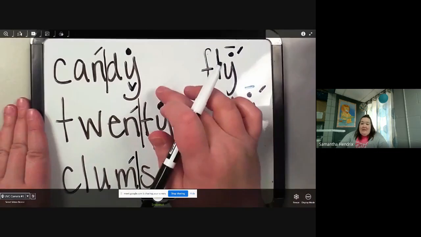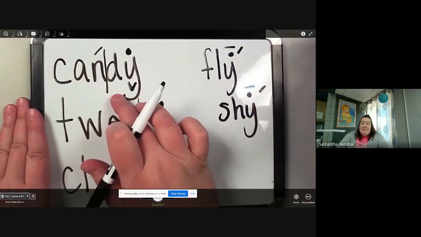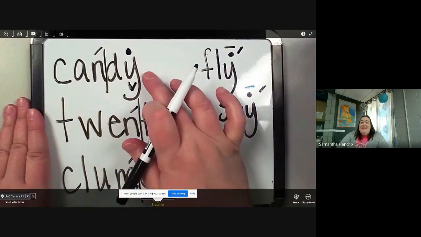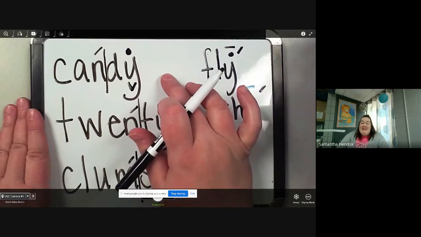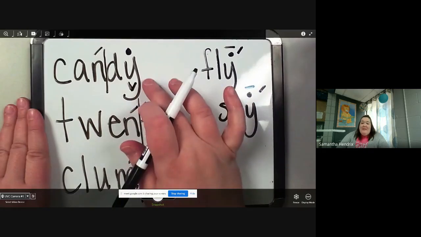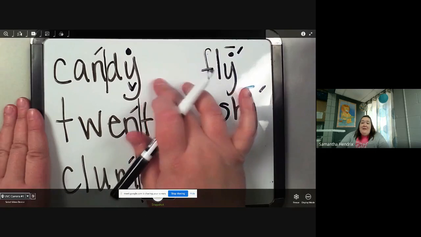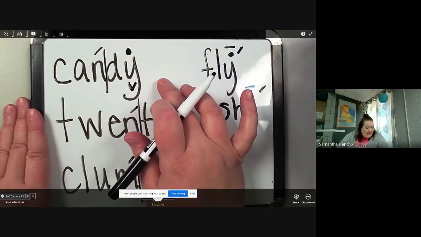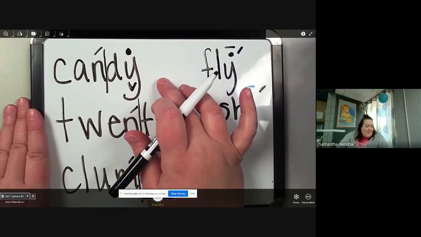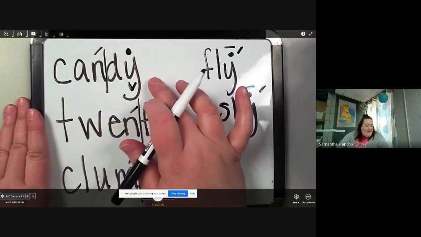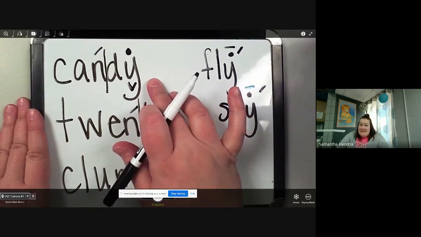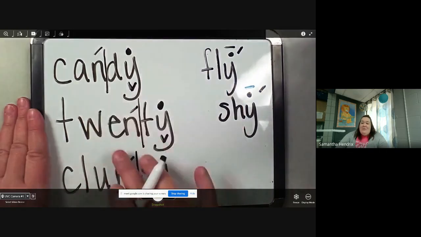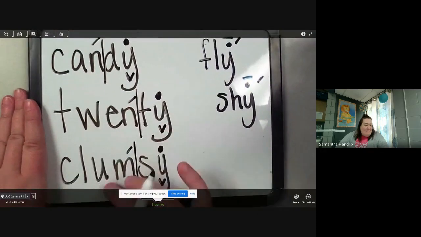So today, we have a 2-syllable word. The Y is open, not accented. So it's an open Y, unaccented. Un means not, okay? So when the Y is open and not accented, it usually says E, candy, twenty, clumsy, okay?